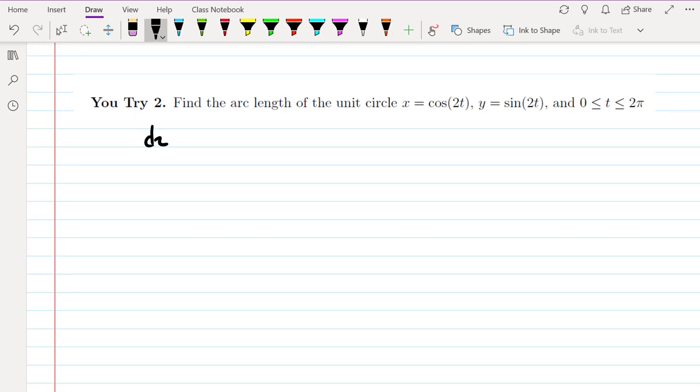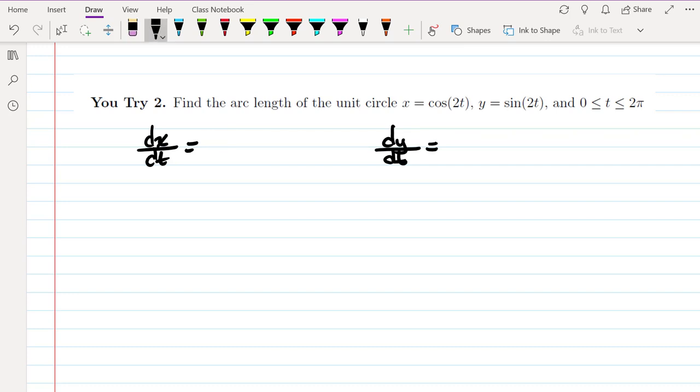So we have our dx dt is equal to, the derivative of sine is cosine 2t, but then by the chain rule we multiply by 2. Similarly, we have dy dt. I was looking at the wrong one.